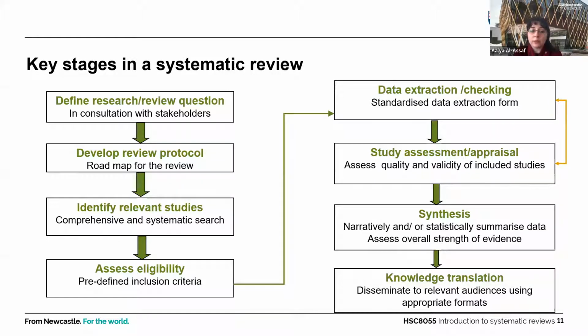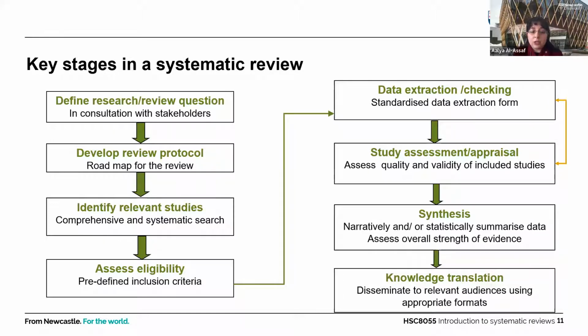And once you develop the research question, then you would need to develop the review protocol, which is the roadmap for the review. In the review protocol, you would need to specify how you are going to undertake this review, all the steps, and what the eligibility criteria are, what type of studies you are going to include and what type of studies you're going to exclude.